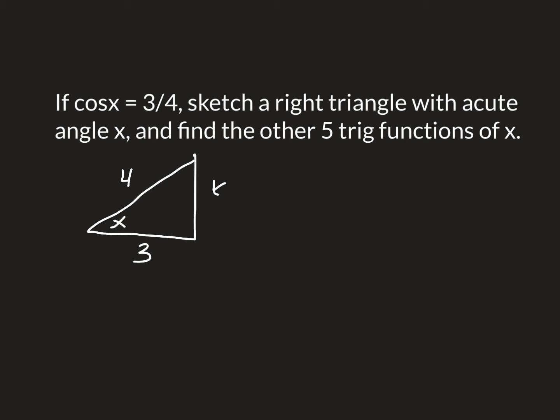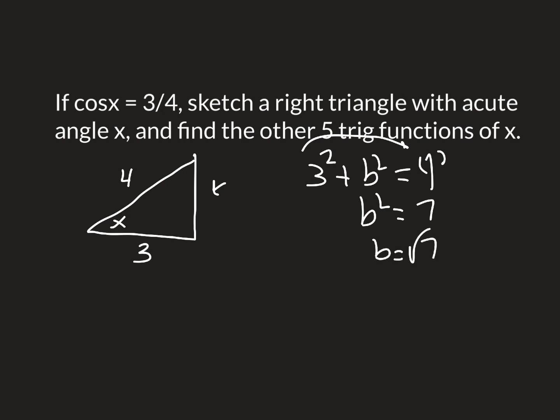So I'm going to do Pythagorean theorem. A squared, which is 3 squared, plus b squared, which I don't know, equals c squared, which is 4 squared. 4 squared is 16. If I move this 9 over there, it would be 16 minus 9 is 7, which means b would be square root of 7. So this side right here is square root of 7. Now I can find all of them.